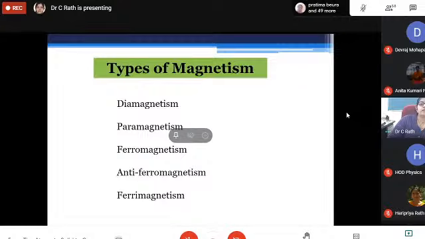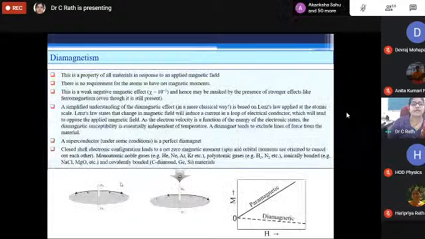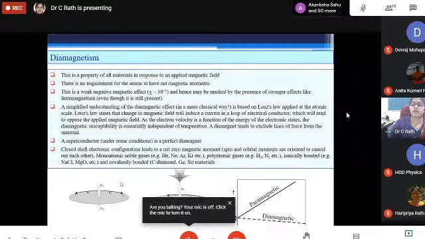On the basis of all these parameters which we discussed, one can have different types of magnetic material: diamagnetic, paramagnetic, ferromagnetic, antiferromagnetic, and ferrimagnetic. So diamagnetism is a property you will find in all materials. This diamagnetic behavior is found when you have no spin or orbital magnetic moment.